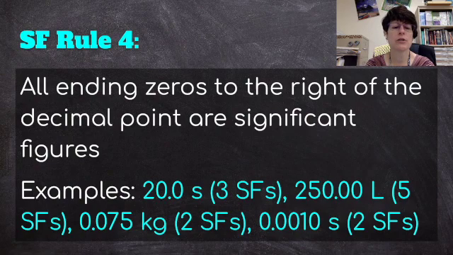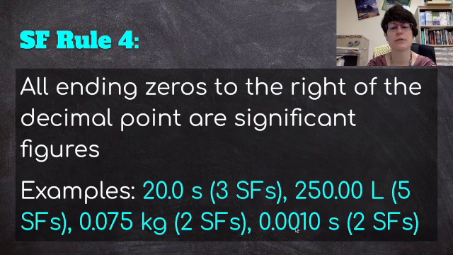We're going to learn later for less ambiguity, we can write these as scientific notation. And if we rewrote this in scientific notation, it would be 7.5 times 10 to the negative 2. And so then we would be able to clearly see that there are only two significant figures. But placeholding zeros don't count.